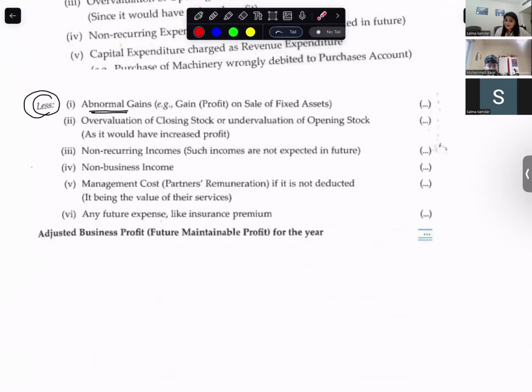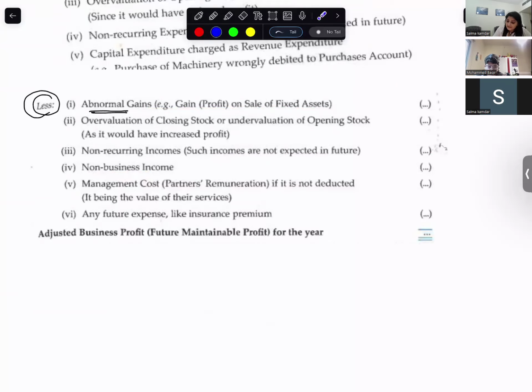Some non-business income, income that is not expected in the future, profit on sale of fixed assets, abnormal gain, abnormal income, income that is not going to come in the future. And any future expenses like insurance premium, all this I have to remove from the profit to get the normal profit.